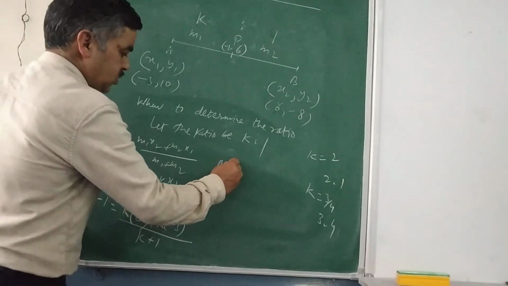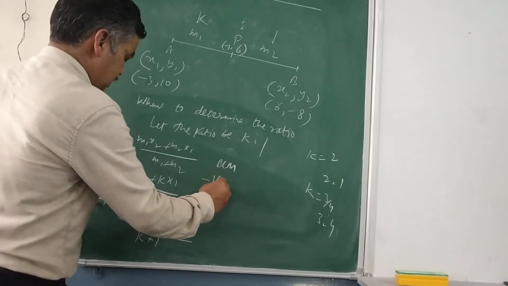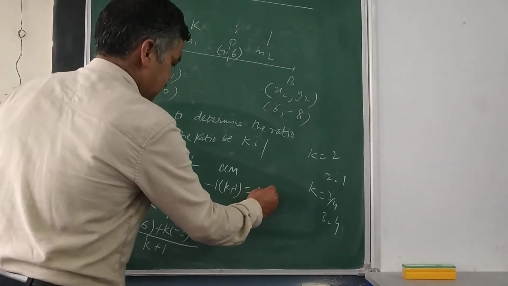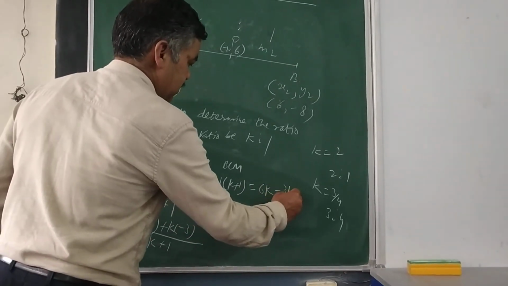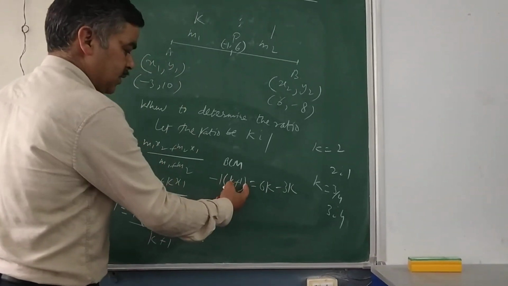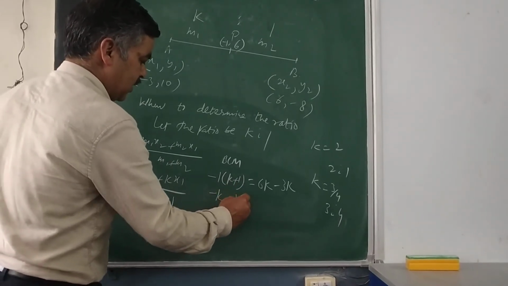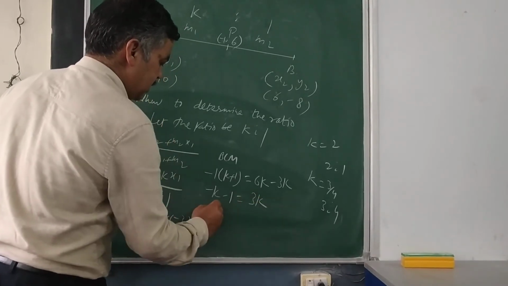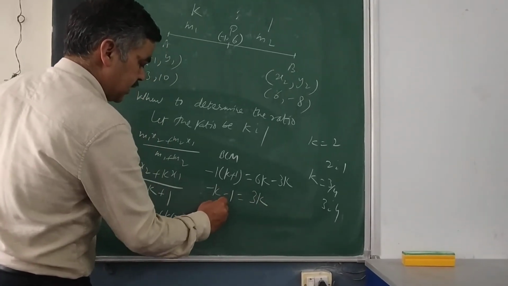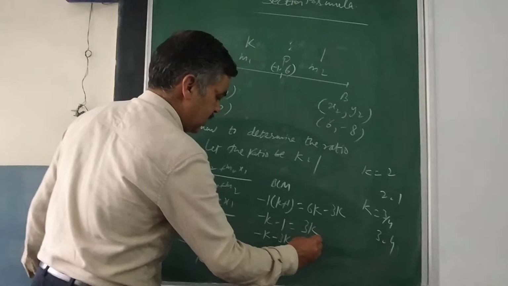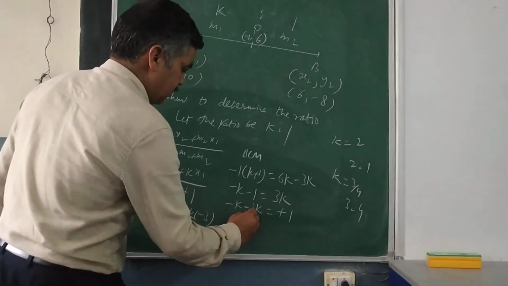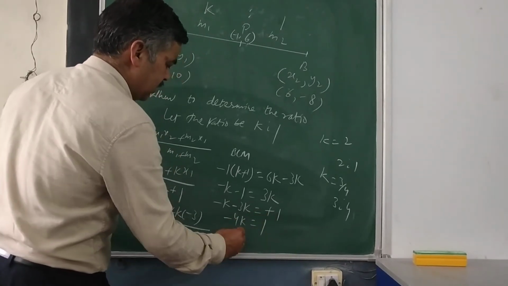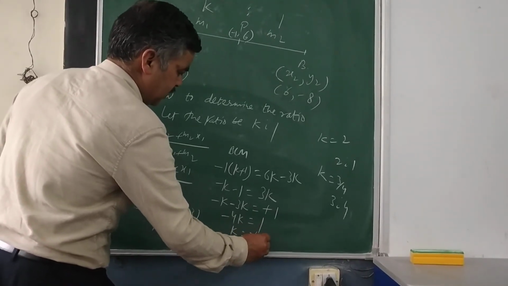If you cross multiply, minus 1 into k plus 1 is equal to 6k minus 3. So minus k minus 1 is equal to 3k. Shifting to this side, minus k minus 3k is equal to plus 1, so minus 4k is equal to 1, or k is equal to minus 1 upon 4.